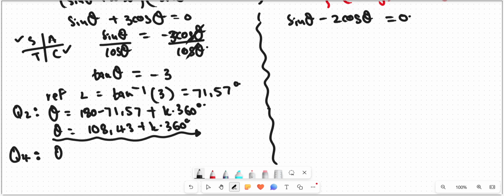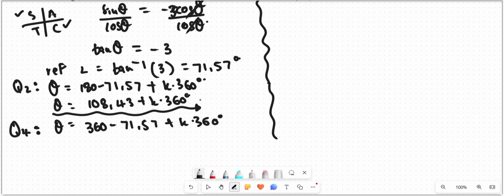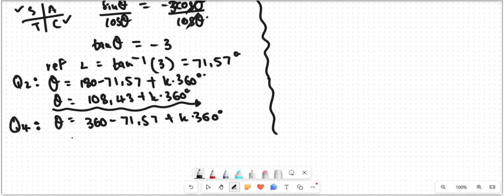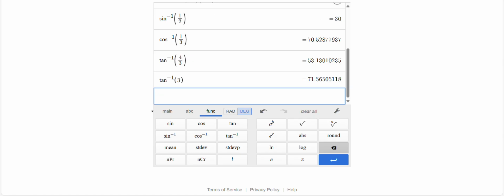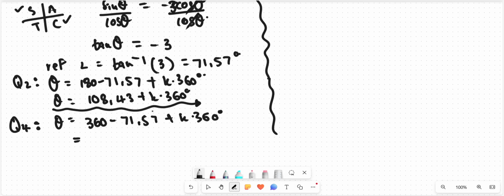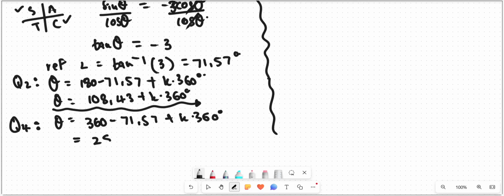The one in quad 4, sorry, will be 360 minus 71.57 plus K360, and that should give you, let me just double check that in the calculator. 360 minus 71.57, 288.43 plus K360, and that's the other one.